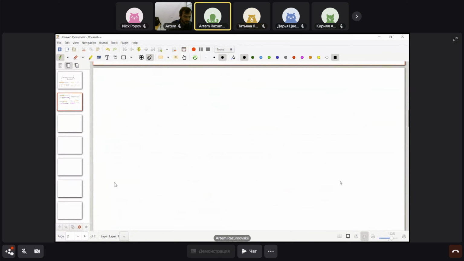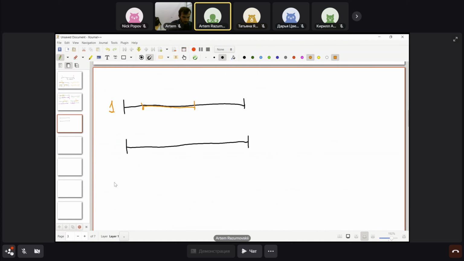So now we have not only two agencies on the interval 0, 1. The first picks something of good quality, and then the second picks, let's say, this interval.